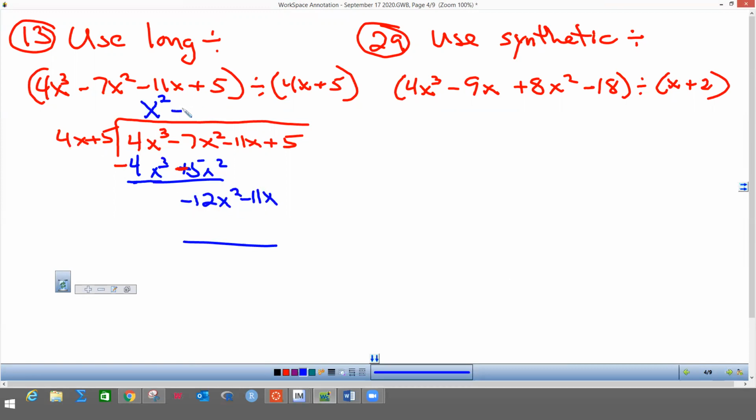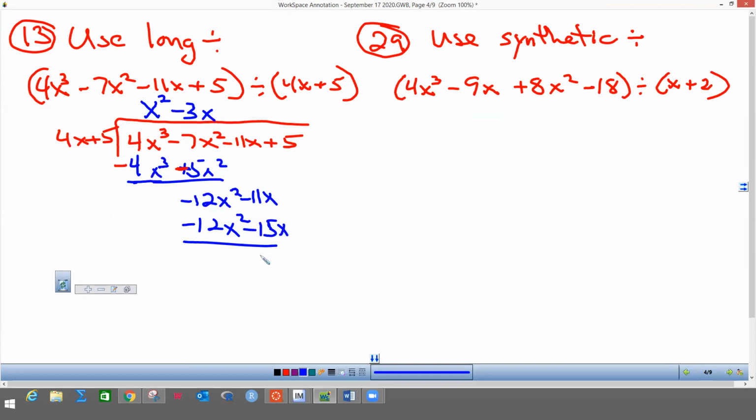Well, negative 3 times 4 gives you negative 12, and then x times x gives you x squared. So this is negative 12x squared, negative 3x times 4x, negative 12x squared, and then negative 3x times 5 is negative 15x.